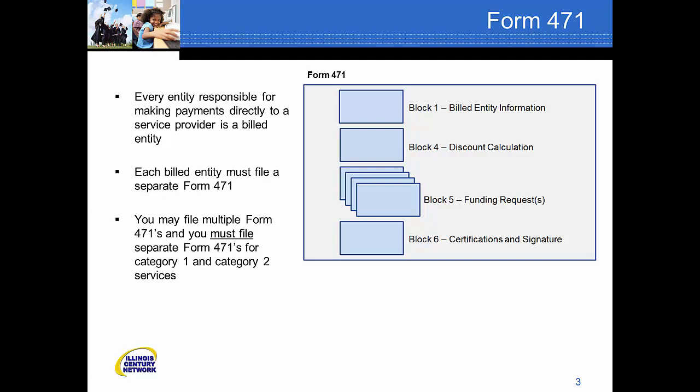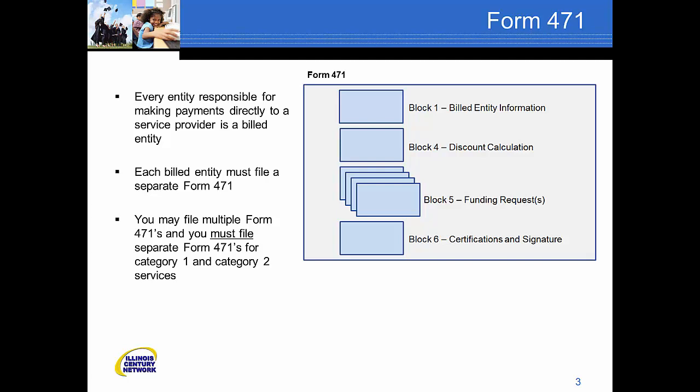So if you're filing a funding request for Category 1 and Category 2, you'll file one Form 471 for Category 1 and a separate Form 471 for Category 2. And also, you are allowed to file multiple Form 471s if you want.